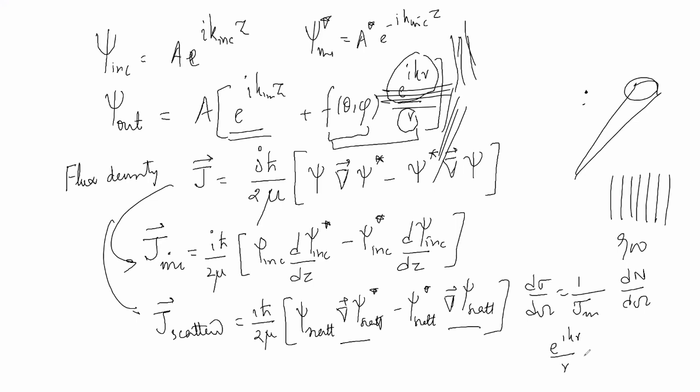The angular dependence of this is contained in f theta phi, which is the scattering amplitude, and it is not going to change. Therefore, when we talk about del here, we have to write this del in spherical polar coordinates, where there will be r dependence, theta dependence, and phi dependence.